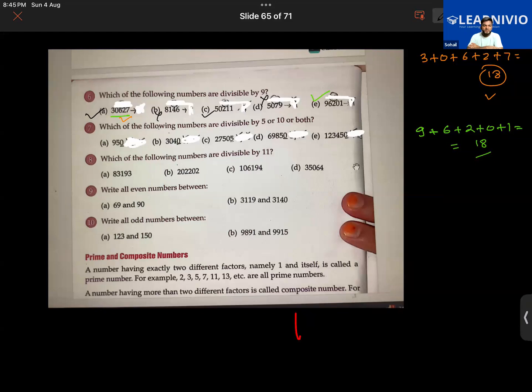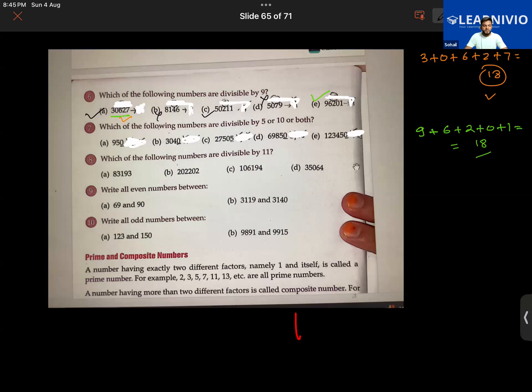Answer the question which I have asked. Listen carefully to the question. The question is, state the divisibility rule of 5. When will a number be divisible by 5? When the last digit is 0 or 5.